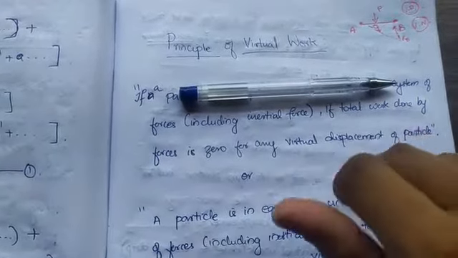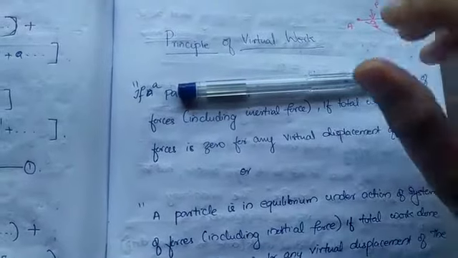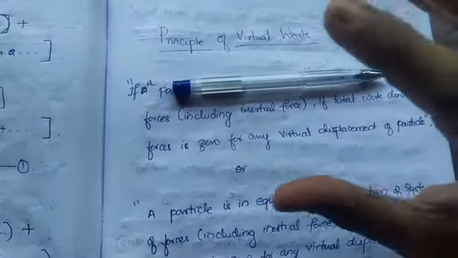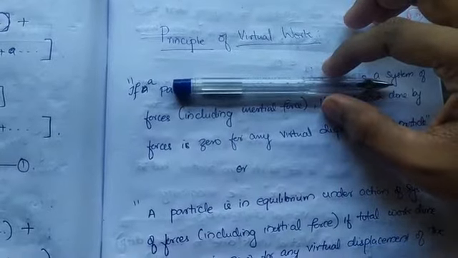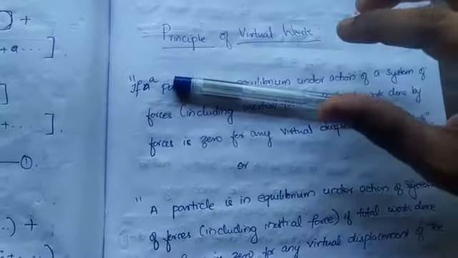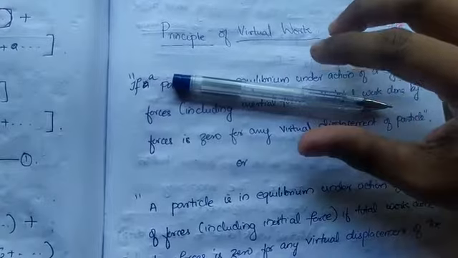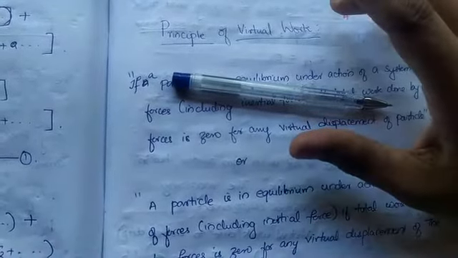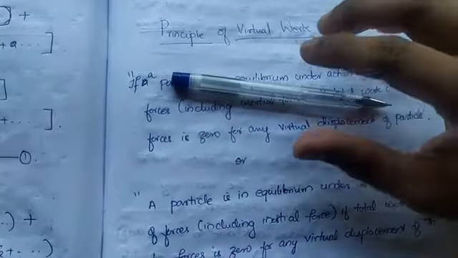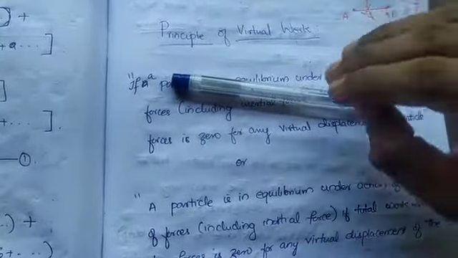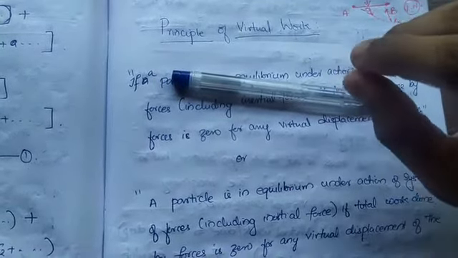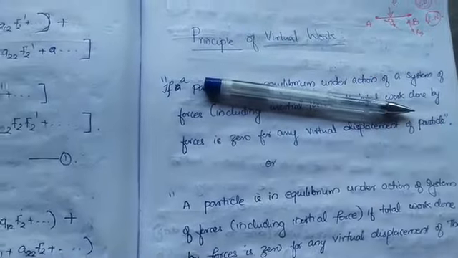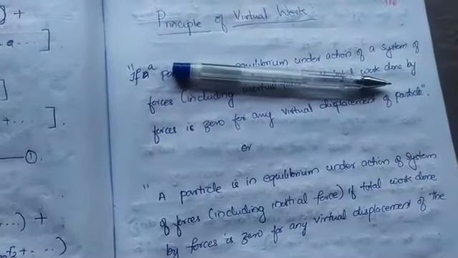Okay, so in such cases, in order to find the support reactions, we have a simple method in which we assume that a small displacement, say delta, is occurring at any of these points. Okay, and then we assume that this displacement causes a work which is called virtual work.